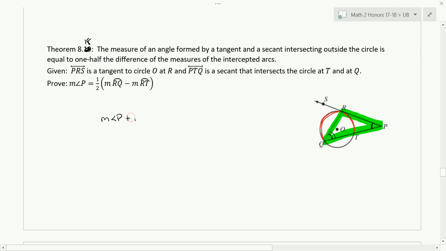We add those two together. What's that supposed to equal if we use the exterior angle theorem? Which exterior angle is that equal to? SRQ. Good.